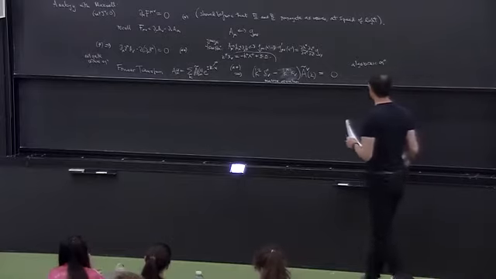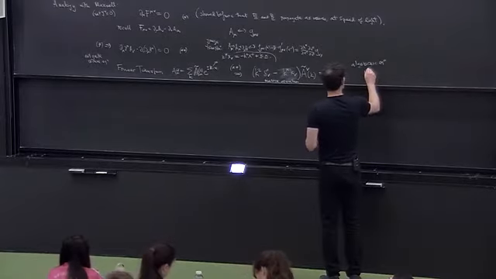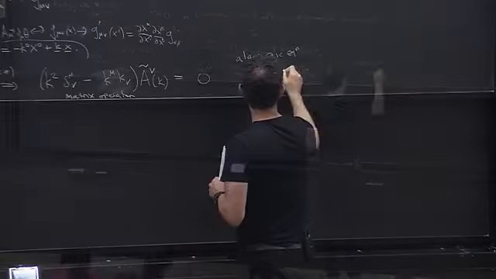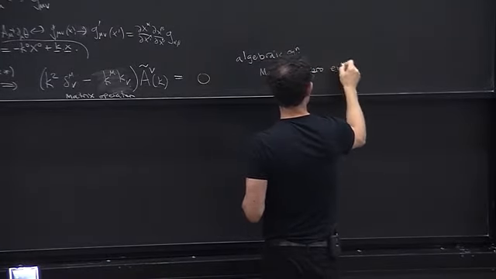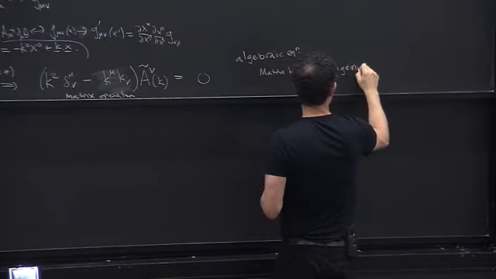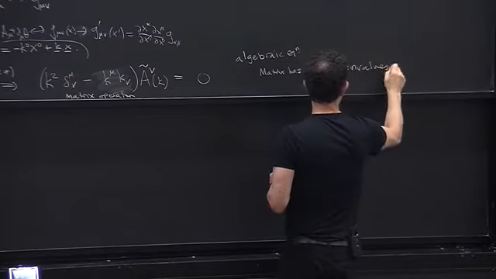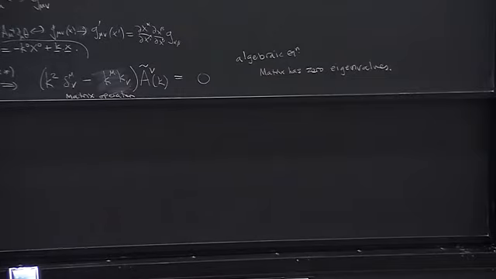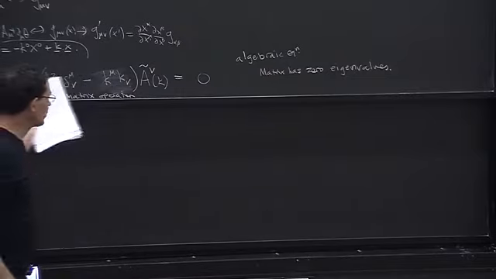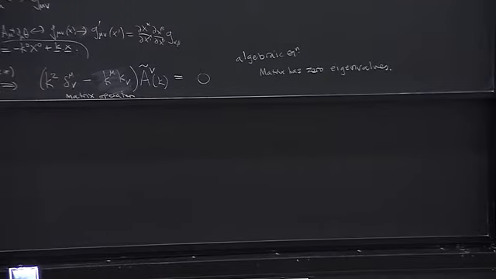Now notice that the matrix has zero eigenvalues. In fact, A twiddle mu is a 0 eigenvector of this matrix.